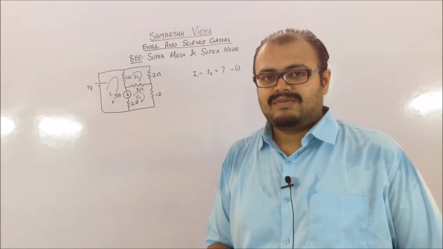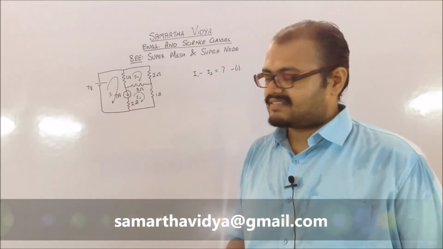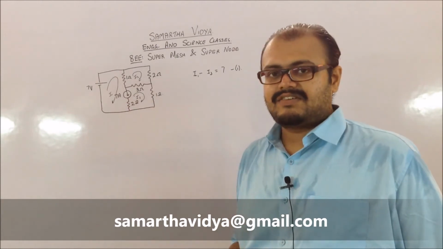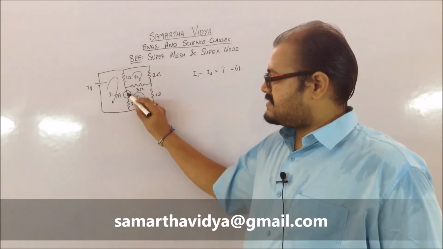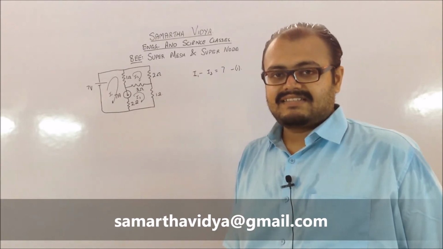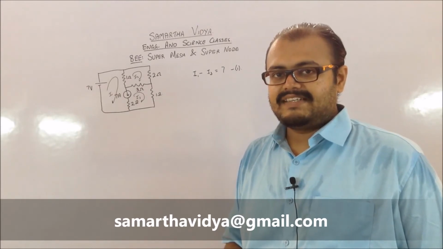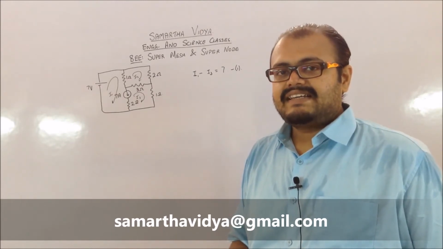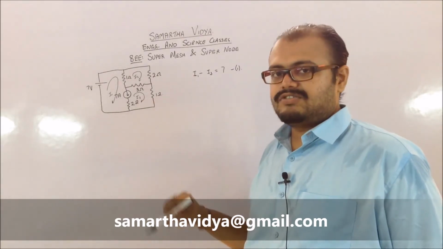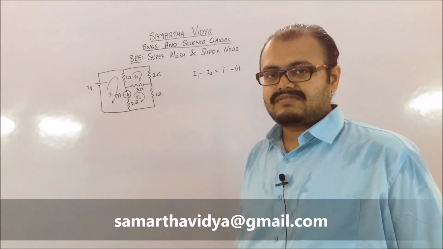Now in the next equation you will be applying your mesh analysis. If you take the first mesh for calculation of the KVL, you can see that there is a current source present, and as we just discussed, the current source voltage drop cannot be calculated easily. One more thing, in the third mesh also you won't be able to calculate the voltage drop across the current source.